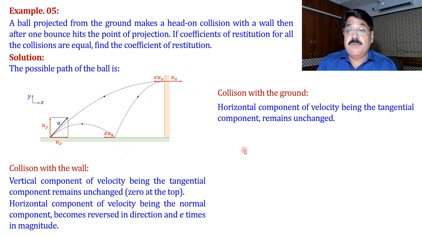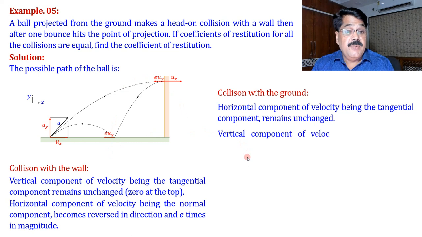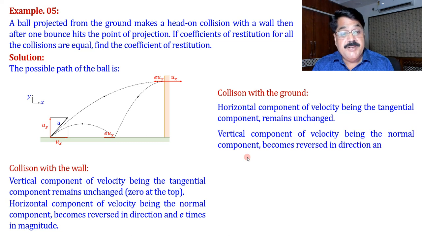But the vertical component of velocity here is the normal component, so it will become reversed and e times. So before collision it was uy, so after collision it will become euy. The vertical component of velocity, being the normal component, becomes reversed in direction and e times in magnitude.